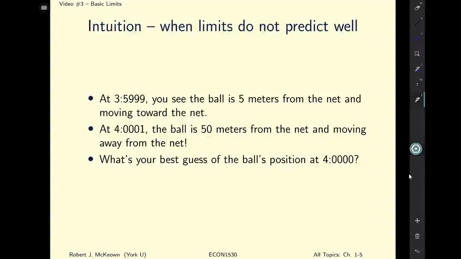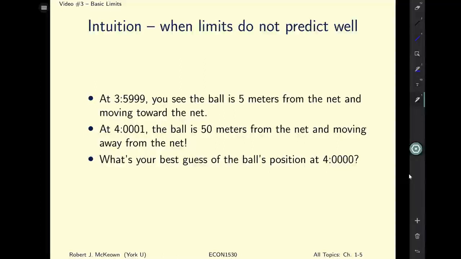Now, sometimes limits don't always work. Sometimes we can use this, but other times it doesn't work very well. Not all functions have well-behaved limits. And here's an example of a function where limits don't really help us very much.